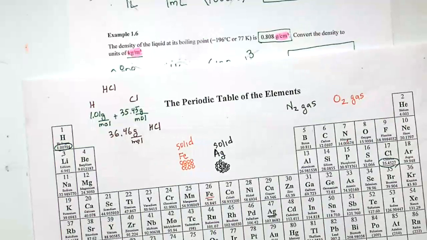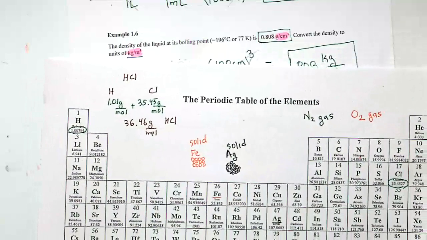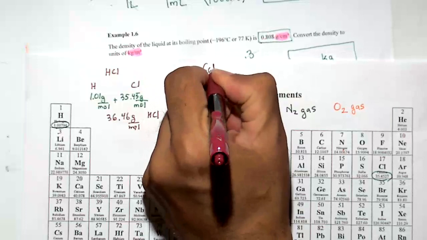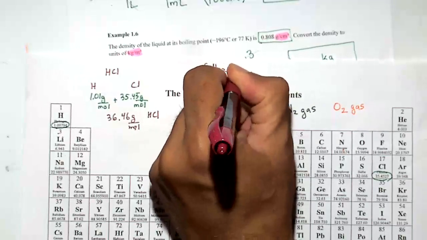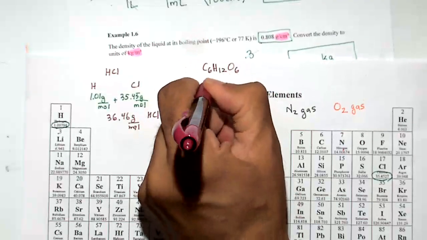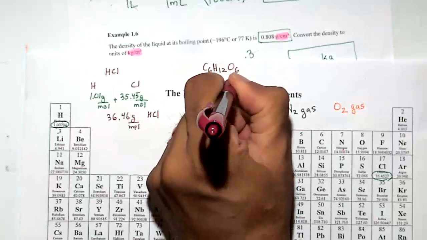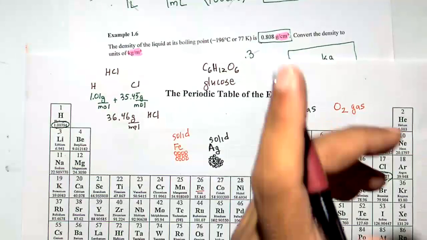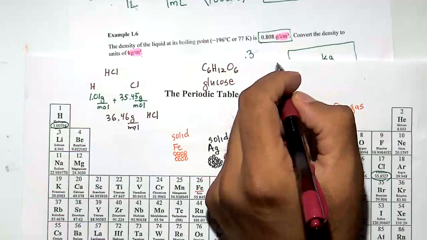Any biology majors? I already surveyed the engineering majors. Any biology majors? Okay, all you biology people. Glucose is C6H12O6. Okay, you may see that as glucose, or may know that as the glucose molecule, the main sugar in the body.